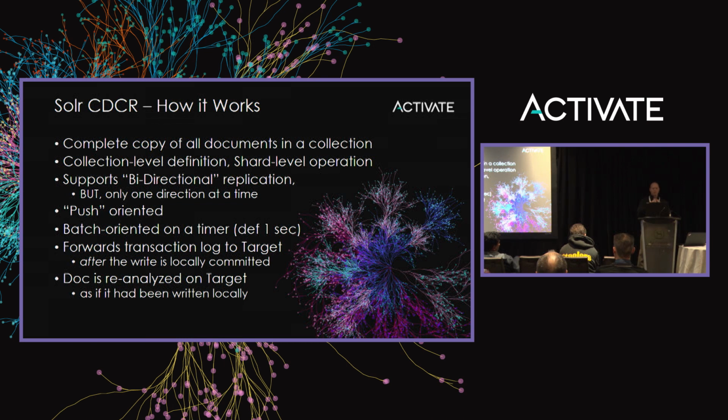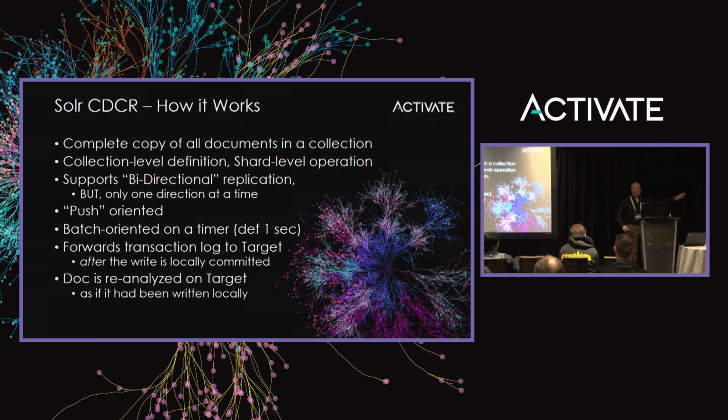So what does Solr CDCR do? It makes a complete copy of all the documents in the collection. It is defined at the collection level, but it operates at the shard level. So each shard is replicated separately. Which is why best practice is that you mirror the sharding environment and the configuration environment on both sides, from the source to the target.